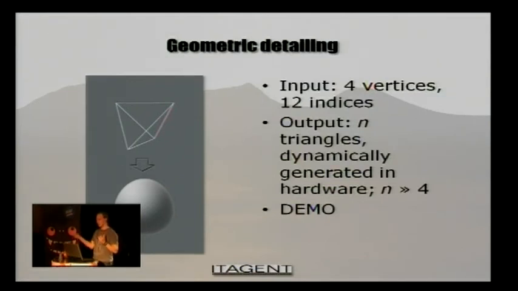So we don't have to store the fully tessellated geometry anywhere. We can just run them on the hardware. And we can dynamically allocate how much we want to tessellate, given normals and edge lengths, for example.